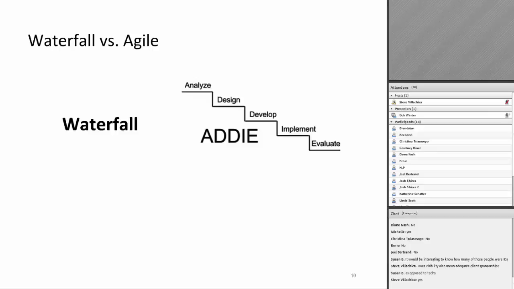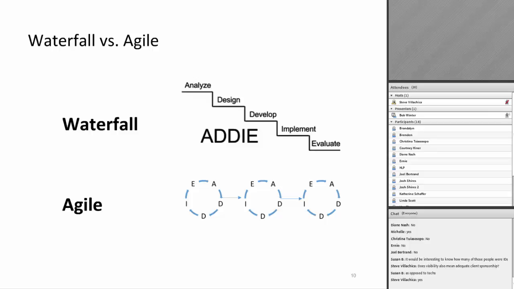I got a lot of feedback from my technical editor on my book, Agile Performance Improvement, because I characterized ADDIE as a waterfall method, and it doesn't necessarily need to be that way. We kind of agreed to disagree, but overall, most of the situations I've seen in ID shops is that ADDIE is laid out as a waterfall method. On the other hand, Agile is better represented as a circle, right?